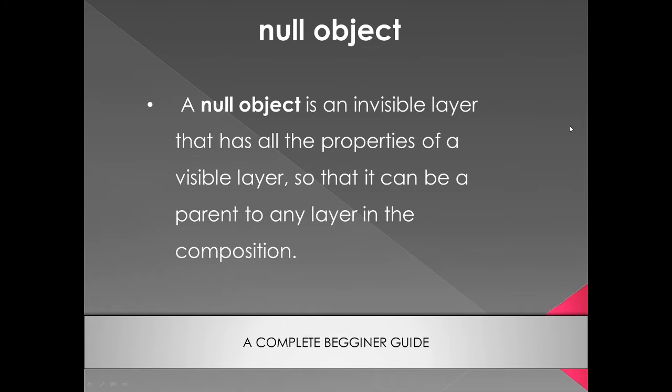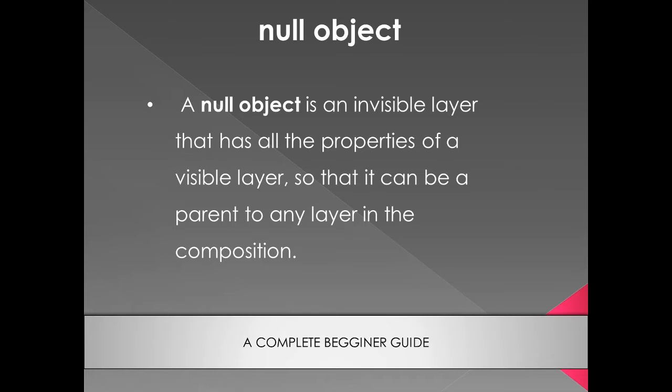Alright guys, so before we get started, we are going to be using a new object called a null object. A null object is an invisible layer that has all the properties of a visible layer, so that it can be parent to any layer in the composition.